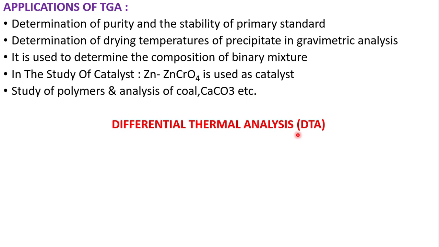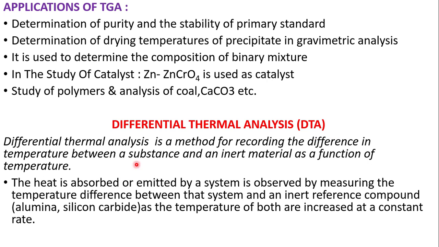Next method, differential thermal analysis or DTA technique. Differential thermal analysis is a method for recording the difference in temperature between a substance and an inert material as a function of temperature.